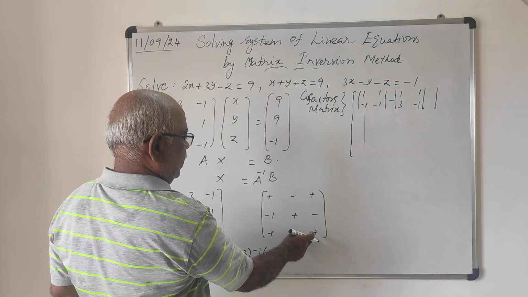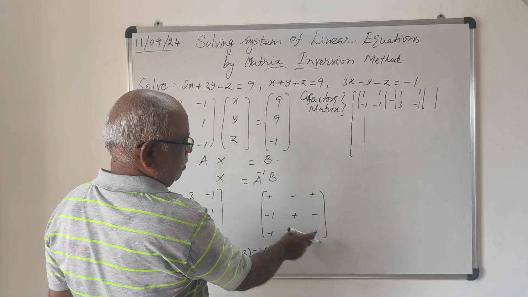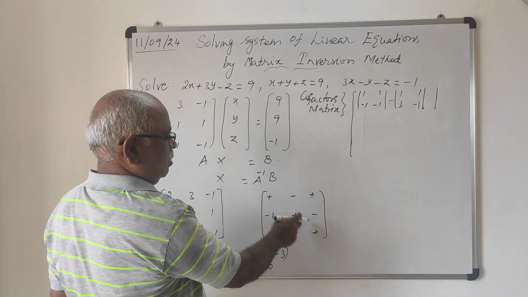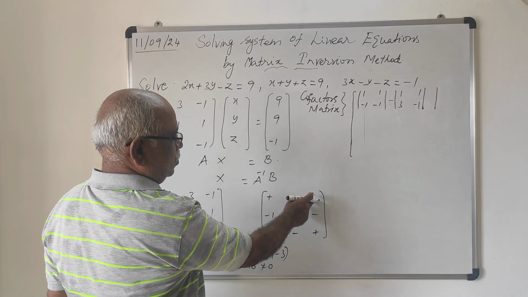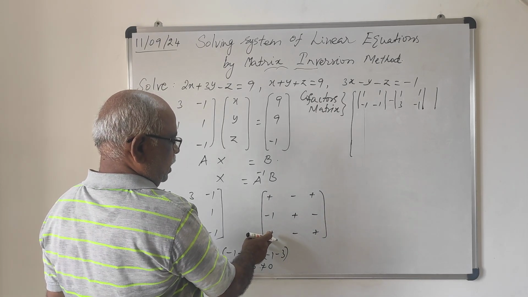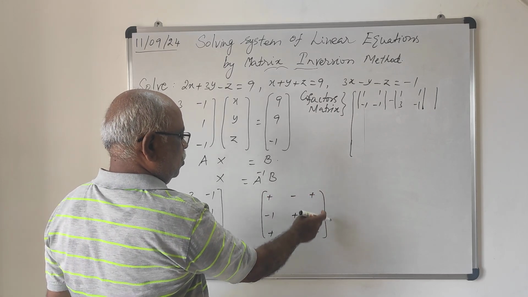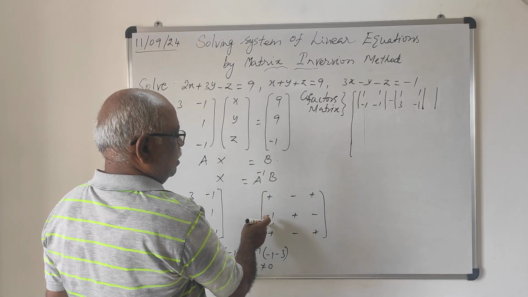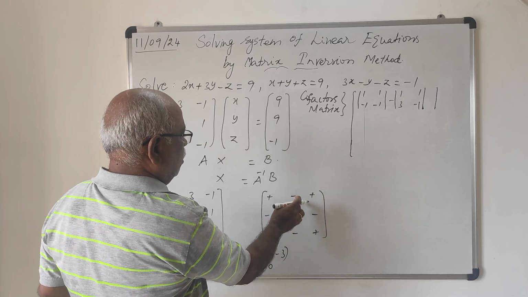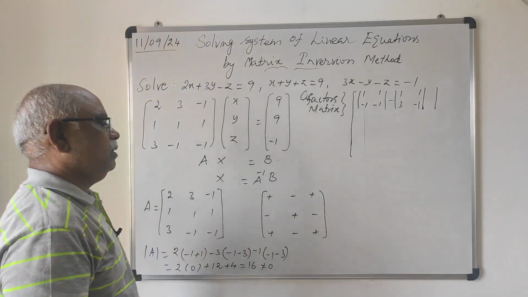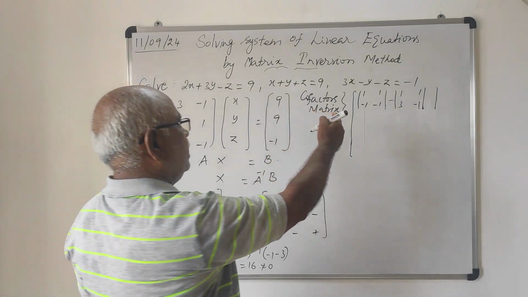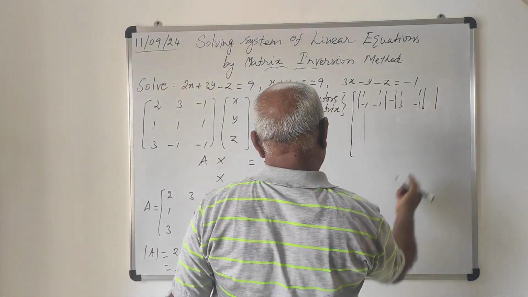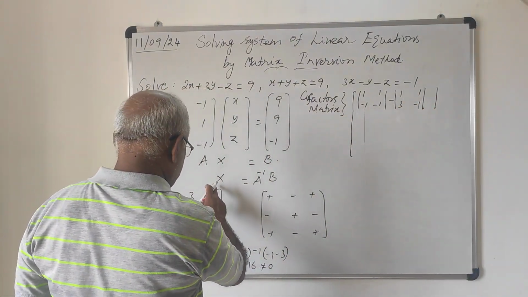A11, A22, A33 are positive, and A13 and A31 are also positive. The four corners and the center are positive, and all the other middle elements' cofactors are minus.